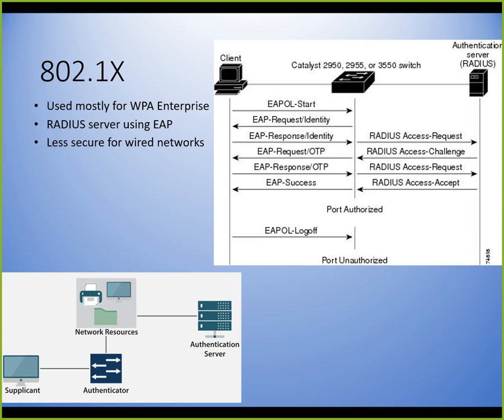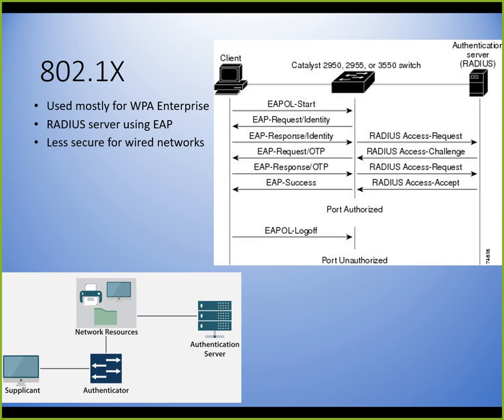802.1X, we looked at kind of what it is in the wired world and looked a little bit at the configuration of the switch. The process itself here: the EAPOL, Extensible Authentication Protocol over LAN, start. Then it says a request, EAP request identity.